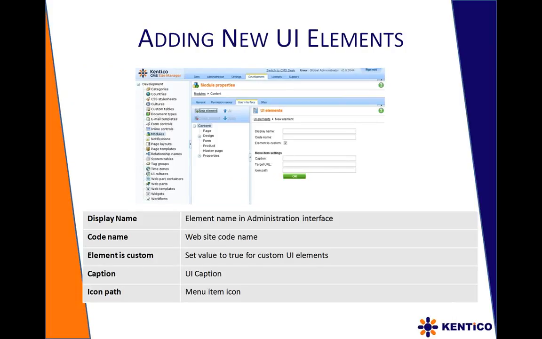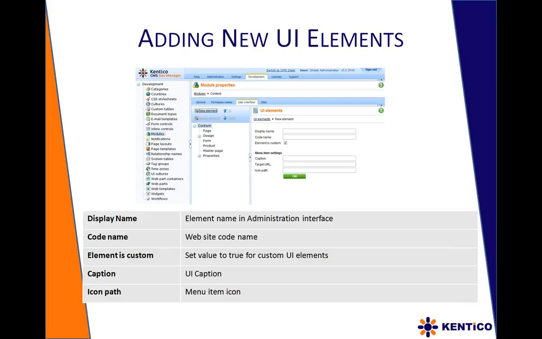As we saw a couple of minutes ago, we can add custom UI elements using the Site Manager Development Module screen. Within the screen, we then go ahead and select the new UI element options, and we need to fill in or complete the following information.